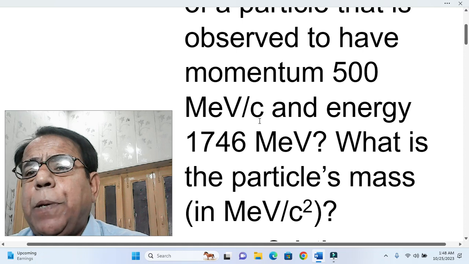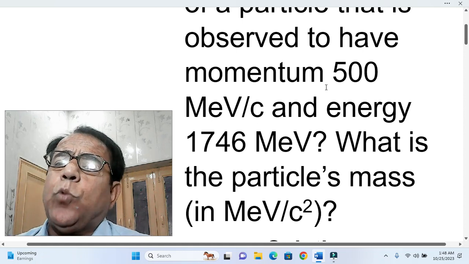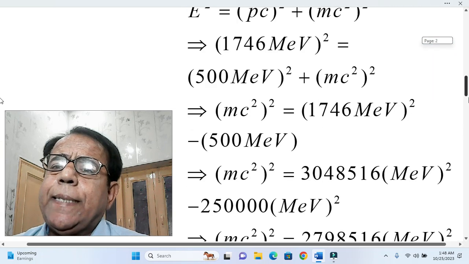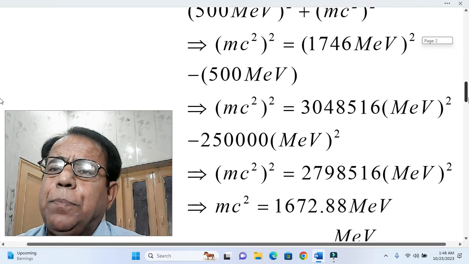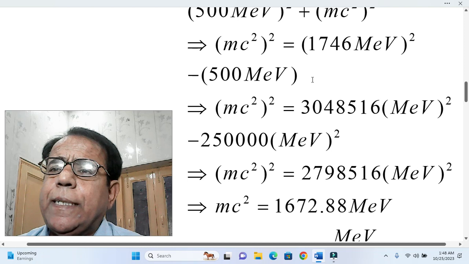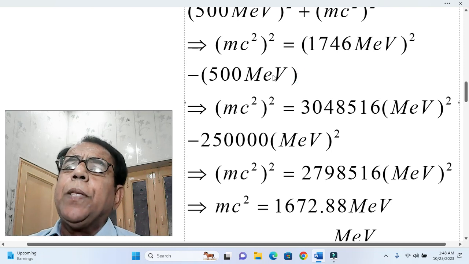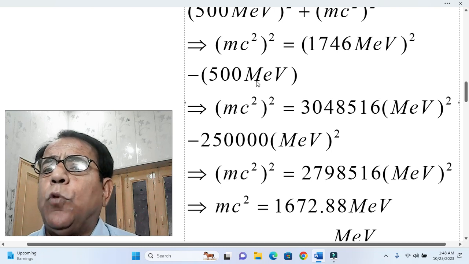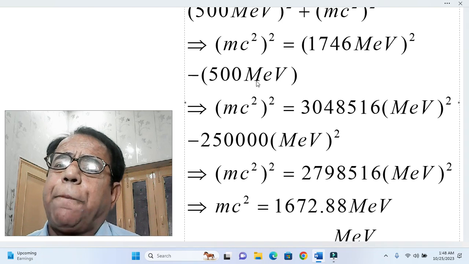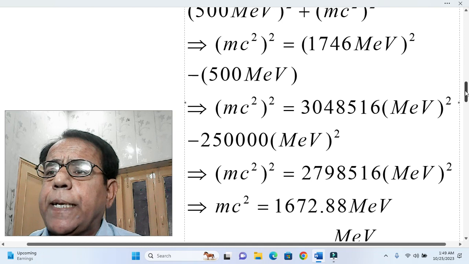This c will be multiplied with P and Pc will become equal to 500 million electron volt. And here, since Pc is in square, there is a minor mistake that this 500 million electron volt is without square. Actually this is also square. Once again I point out this mistake.